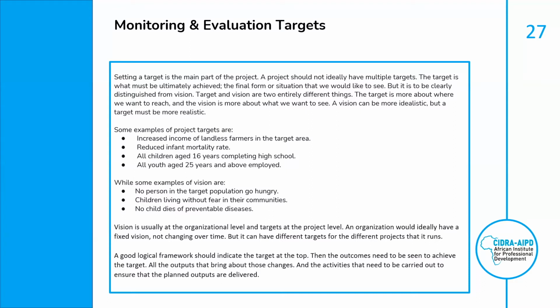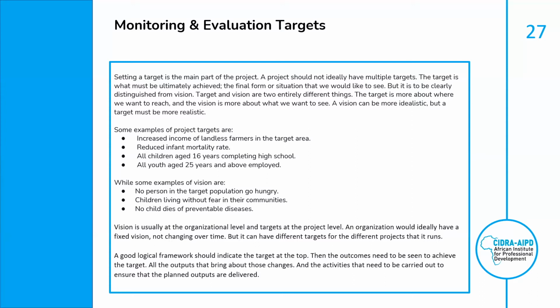Vision is usually at the organizational level and targets are at the project level. An organization would ideally have a fixed vision that does not change over time, but it can have different targets for the different projects that it runs.